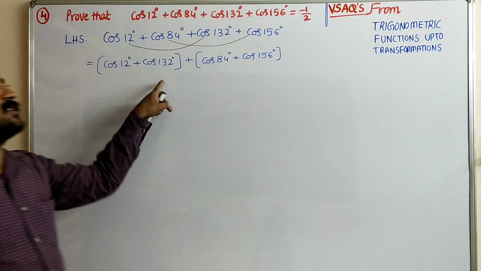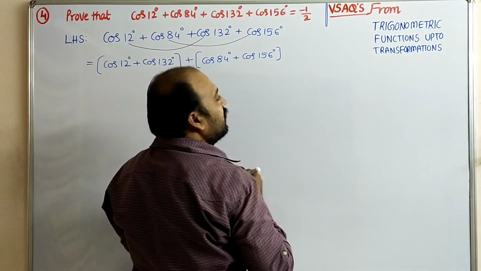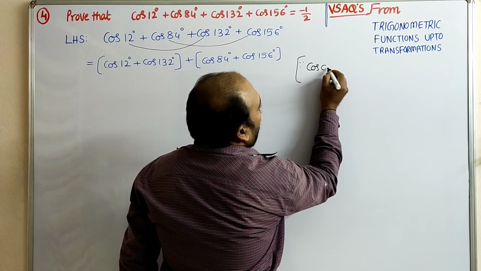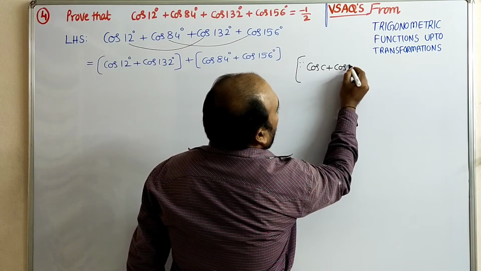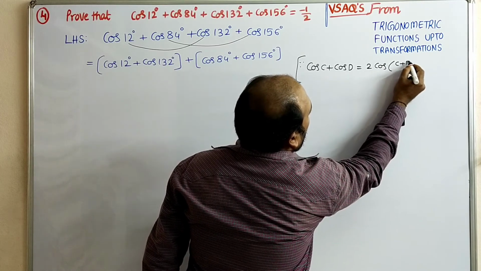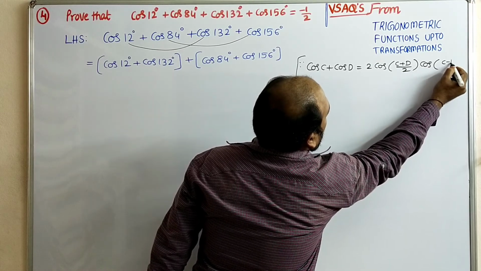We have the formula for cos C plus cos D. What is the formula for cos C plus cos D? Cos C plus cos D equals 2 cos of (C plus D) by 2 into cos of (C minus D) by 2.